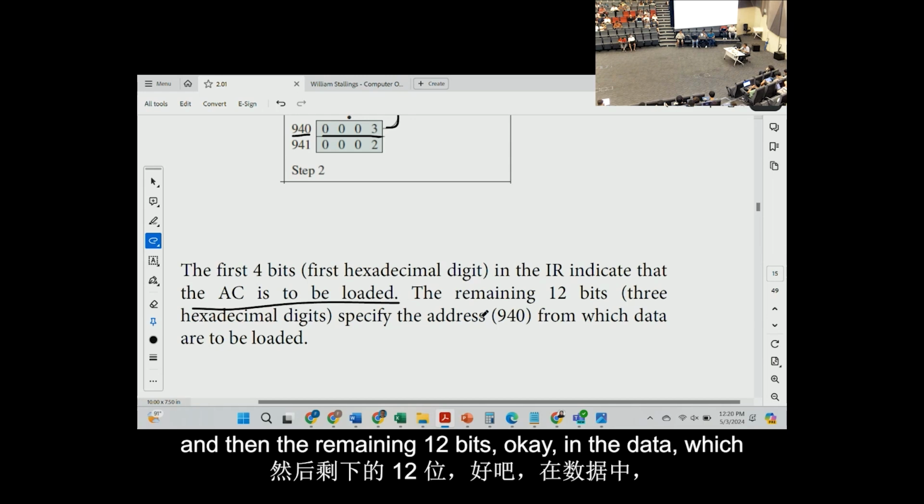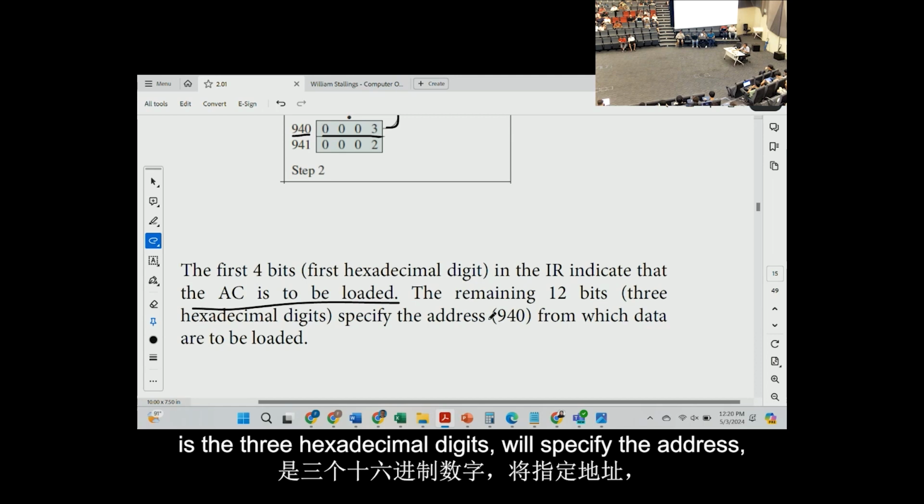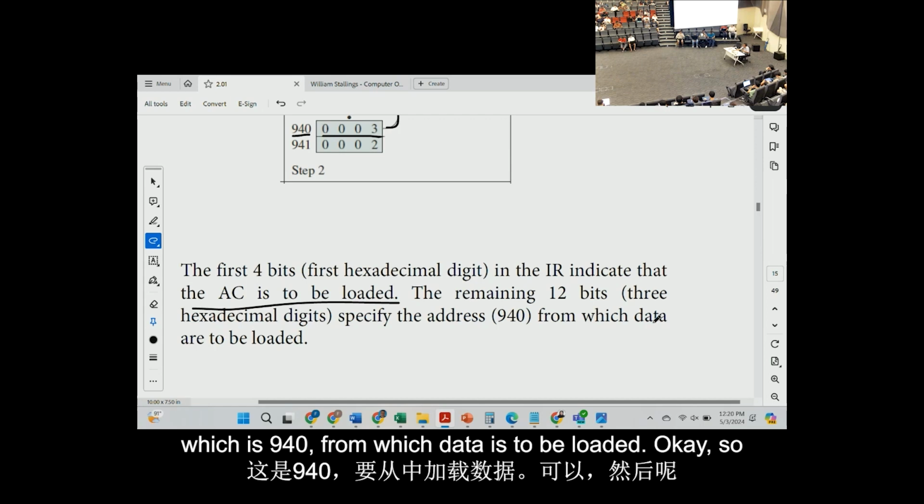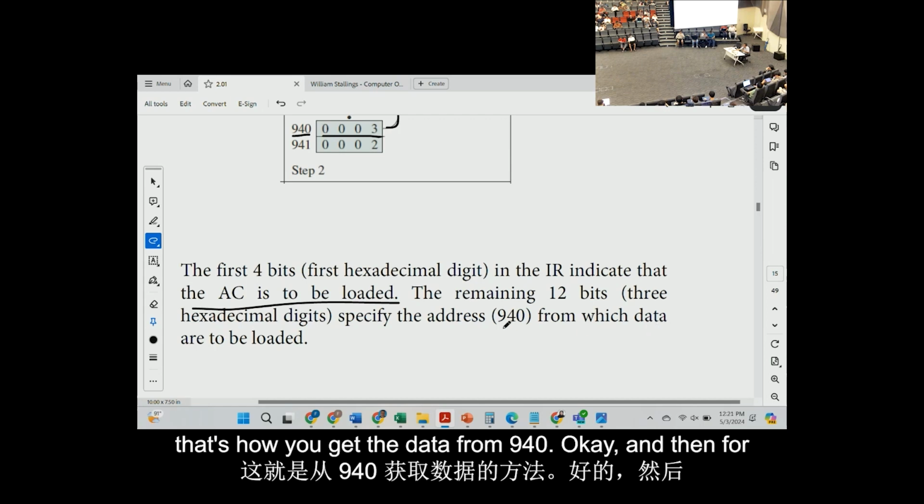And then the remaining 12 bits, which is the 3 hexadecimal digits, will specify the address, which is 940, from which data is to be loaded. Okay, so that's how you get the data from 940.